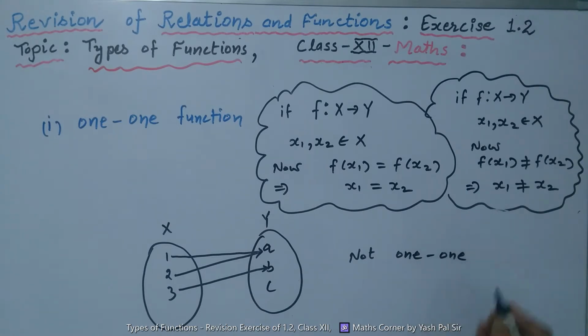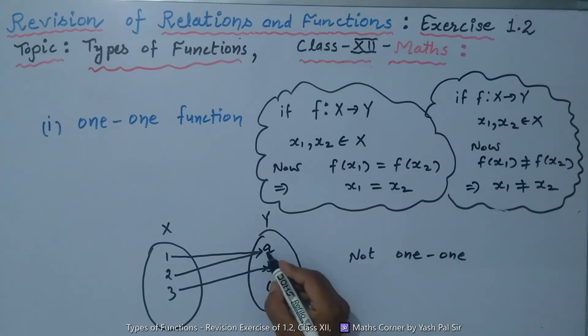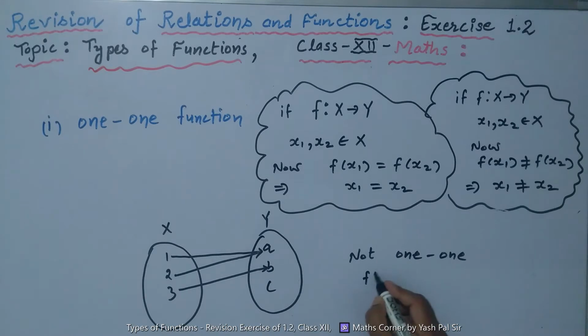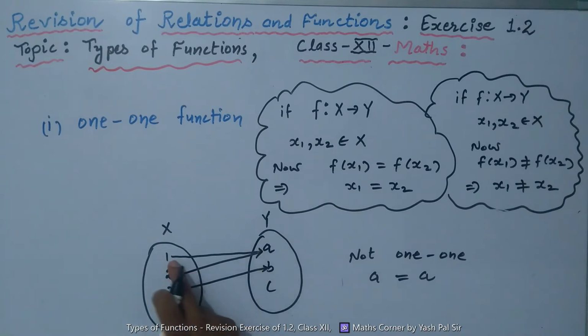Why is this not one-one? Because f of 1 is equal to a, and f of 2 is also a. This is very much clear. What is a? a is the image of 1, and a is also the image of 2.